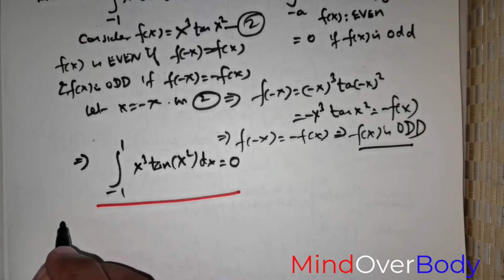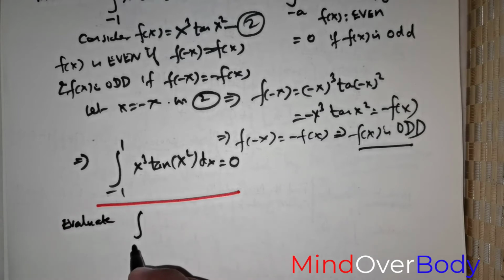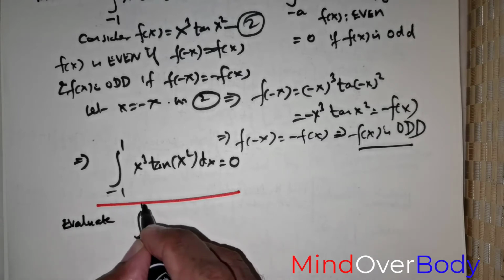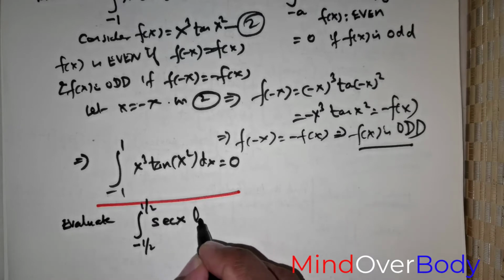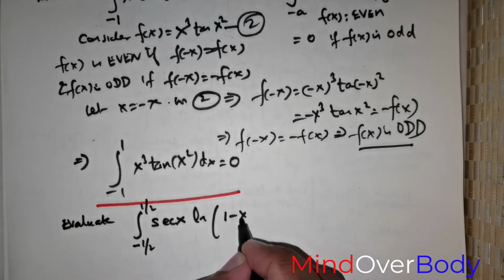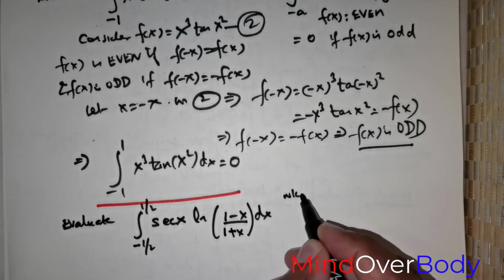Students, we got another beautiful question to evaluate. It is from -1/2 to +1/2 of secant x ln of (1 - x)/(1 + x) dx. As I mentioned to you, we will be using this property.